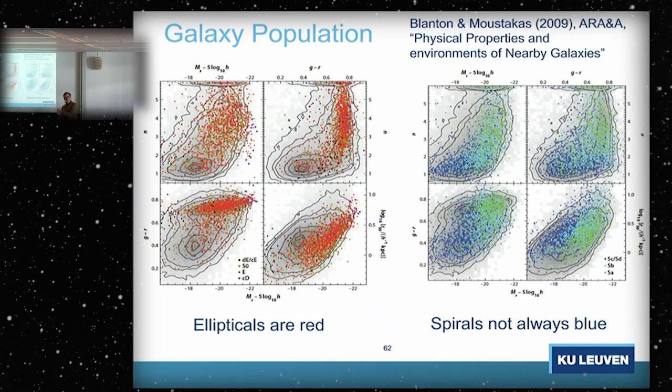So we can say that if you have a galaxy that is blue, it's most likely going to be a spiral galaxy. But not all spirals will be blue. Okay? So if you have a blue galaxy, it's going to be a spiral galaxy, but not all spiral galaxies are blue. That we can pretty safely say from this type of analysis.